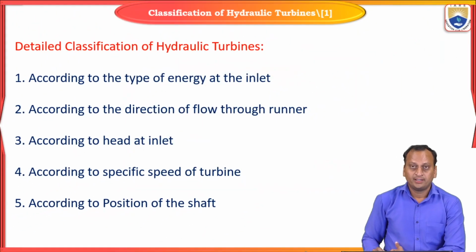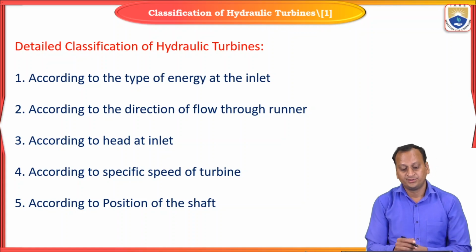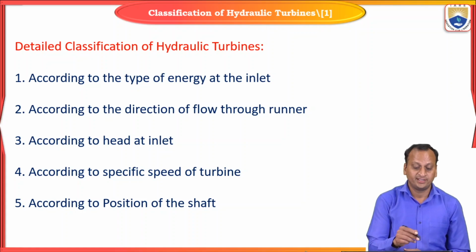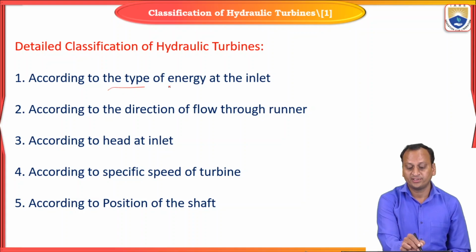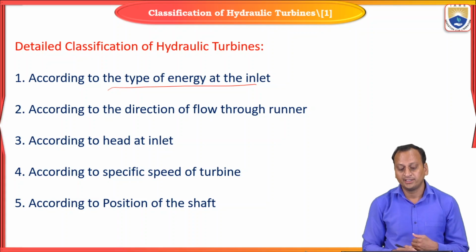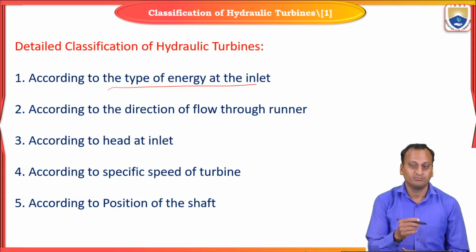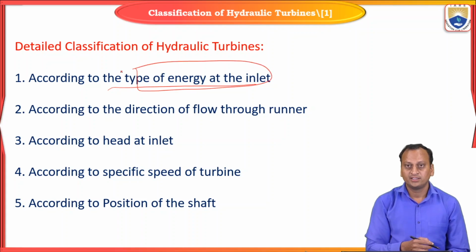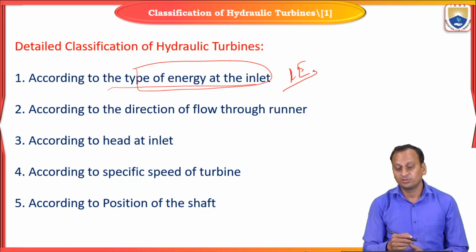And the hydraulic turbines can be further classified according to the type of energy at the inlet of the turbine. For any turbine, we can say whether it is impulse or reaction based on the available energy at the inlet. If the available energy at the inlet is only kinetic energy, then it is an impulse turbine.